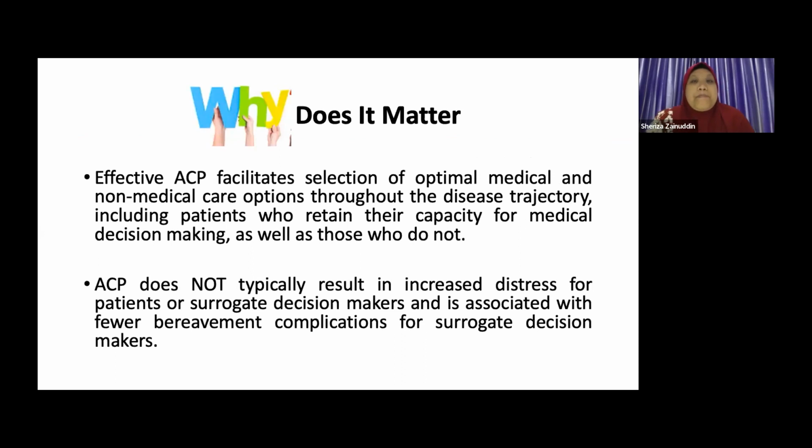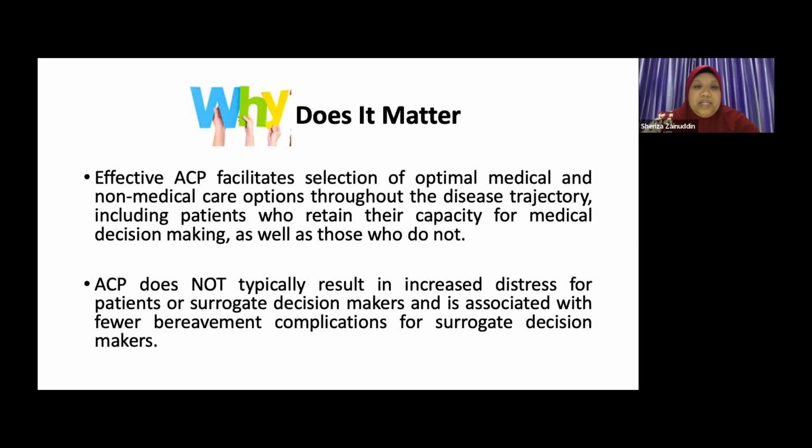So why does it matter? Like I said, ACP facilitates optimal medical and non-medical care options throughout the disease of a patient, so that we are able to at least be aware of the patient's preferences, values, and goals of care.